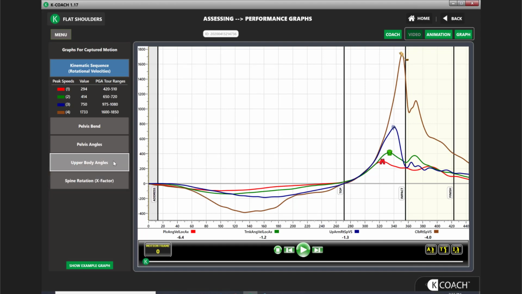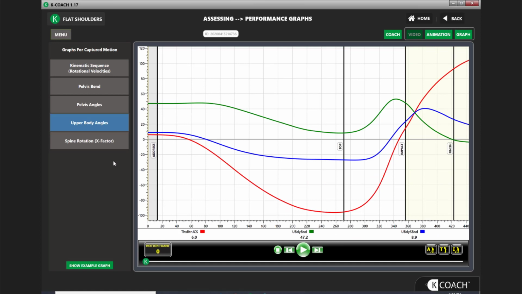If I go into the upper body angles, we know flat shoulders is an upper body related swing characteristic, and it's a swing characteristic that is speaking to the side bend of the upper body. We're looking at the blue line, which is upper body side bend, and what we're going to determine is if they have enough side bend, or lead shoulder lower than the trail shoulder, at the top of their backswing.